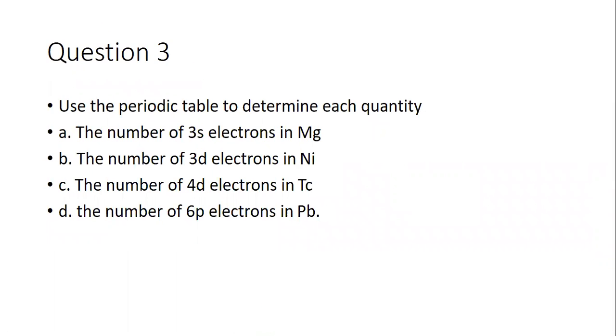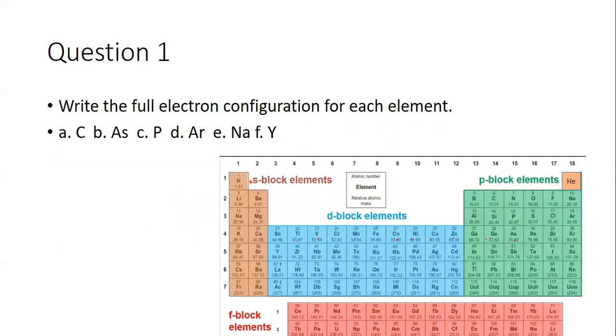All right. So we're going to just continue working on this. I want you to use the periodic table now to tell me how many electrons are in the 3s orbital of Mg and so on and so forth. So I'll do A for us, so we can just see. A is number of electrons of 3s in Mg.